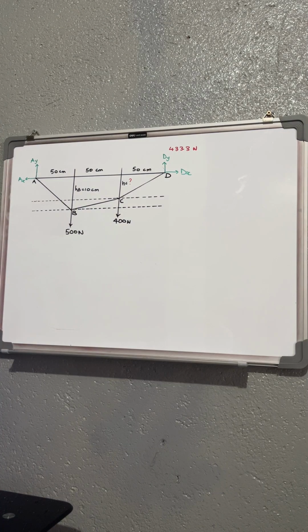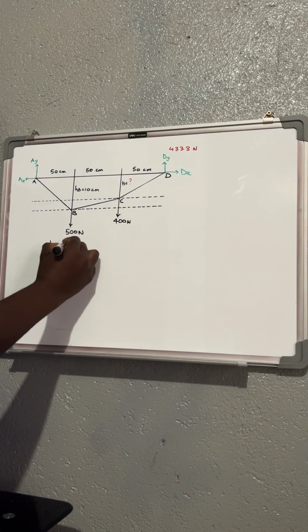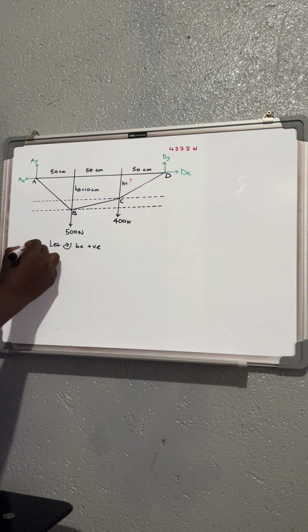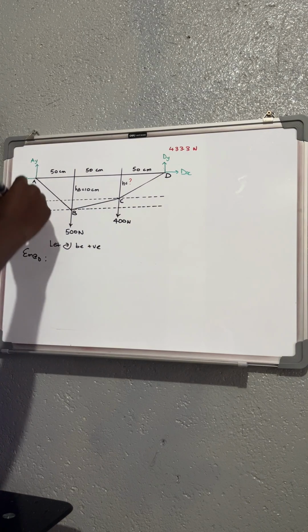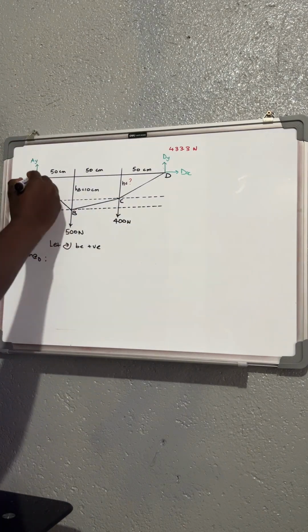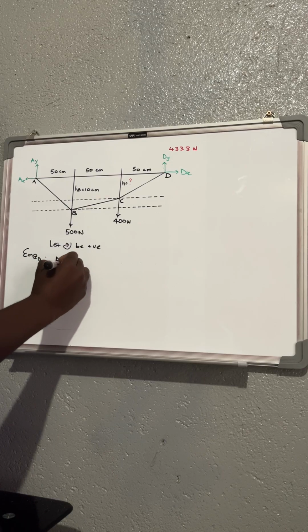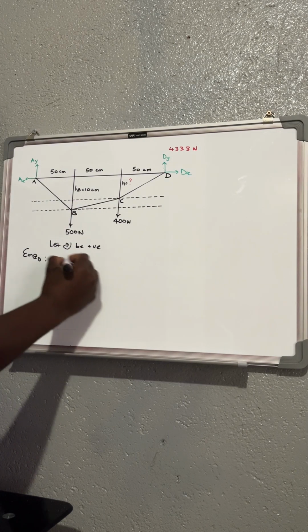So we're still going to do the same. We're calculating the sum of the moments around D in order to find our AY. We'll start with the same steps, then we'll say let our clockwise be positive. Then we'll say sum of moment at D. What are we going to have? We have this one, which is moving in clockwise from here to there, which is going to be AY multiplied by the distance from here to there, which is 150.